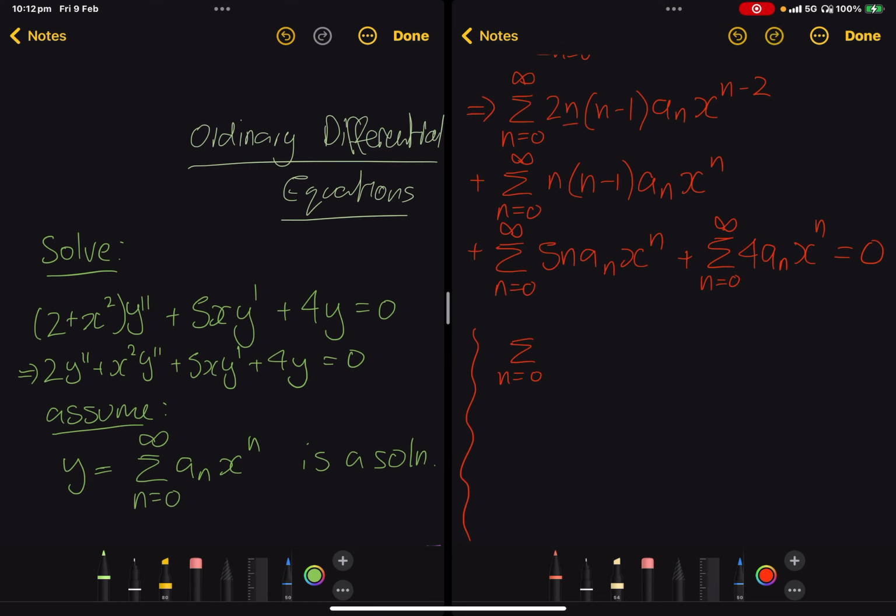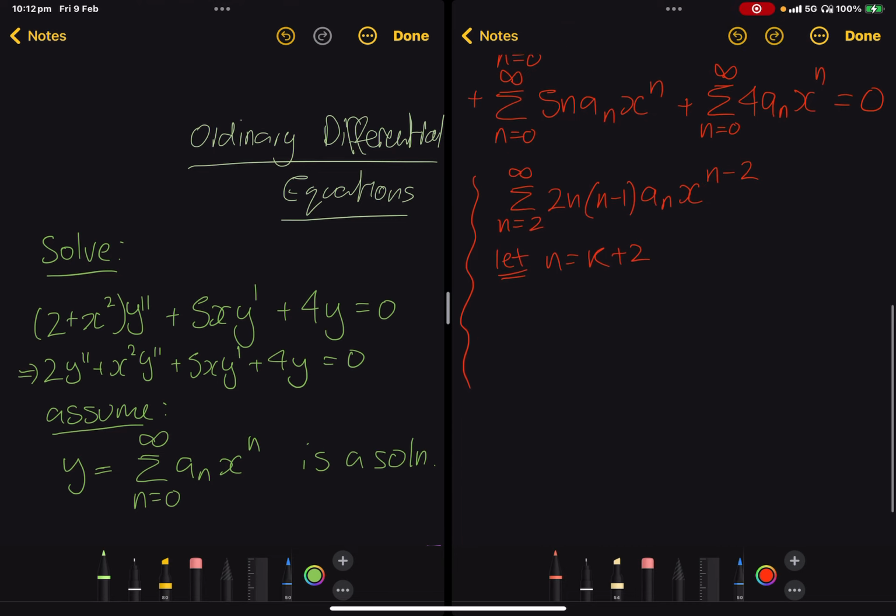When n is 1, the whole thing is 0. So we can actually make this n from 2 to infinity of 2(n − 1) n aₙ xⁿ⁻². We are going to let n = k + 2, because by making n equal to k + 2, this will make this power k.